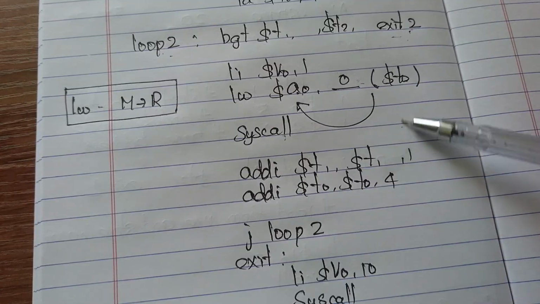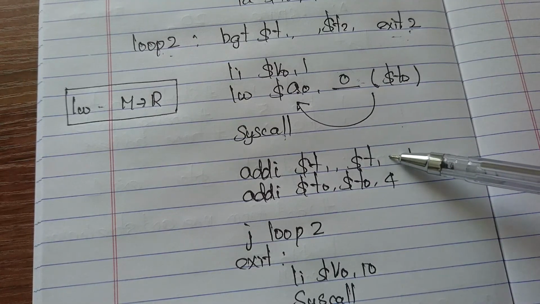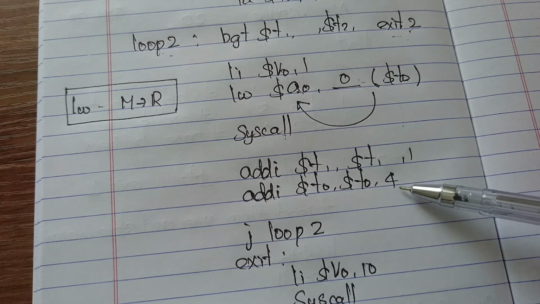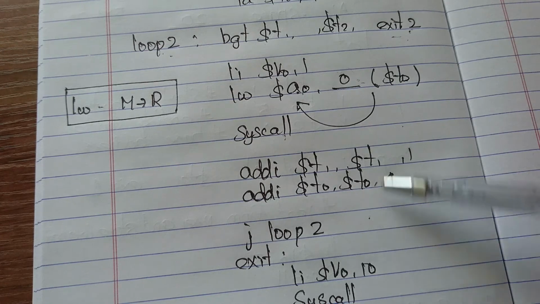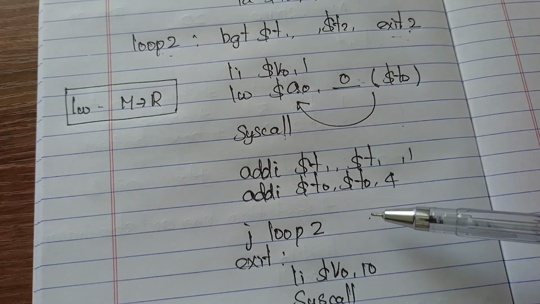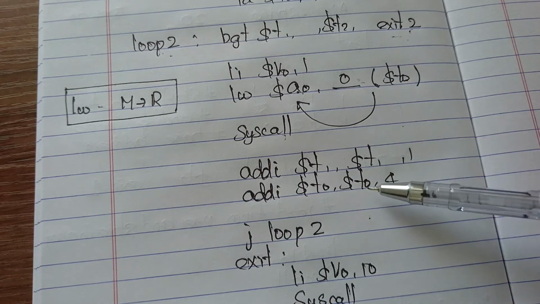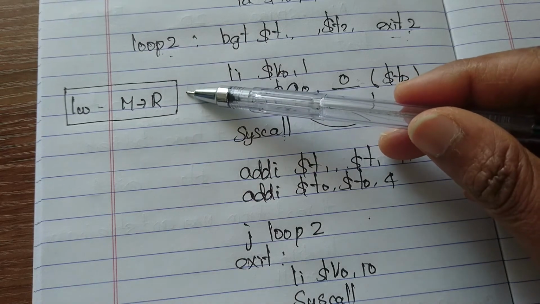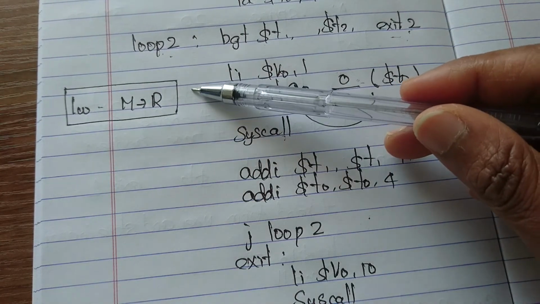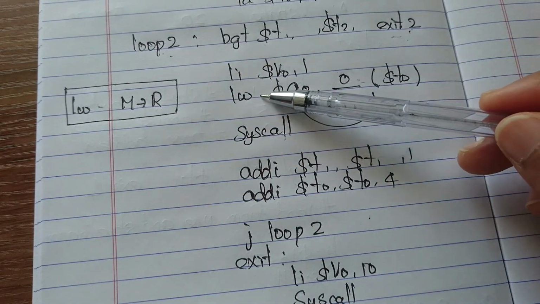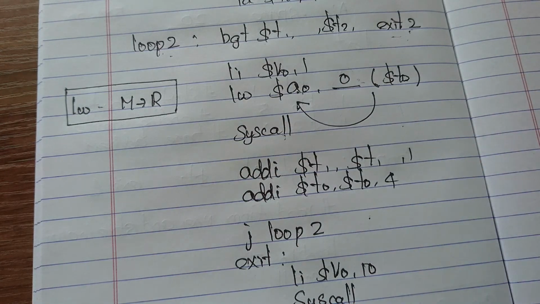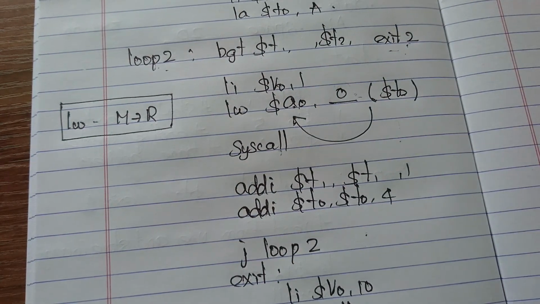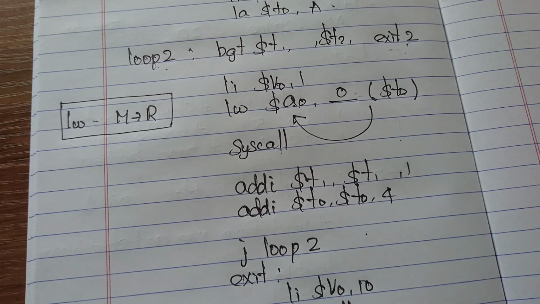I increment the counter, then increment the base address, and jump loop. This is the second part, for printing. Remember, load word moves the value from memory to register, so I'm using it here. This is for reading from the array and printing onto the standard console screen. Okay, thank you.